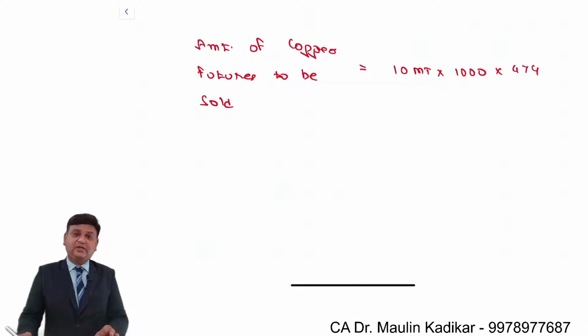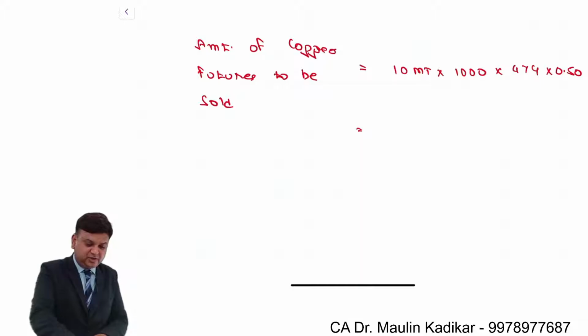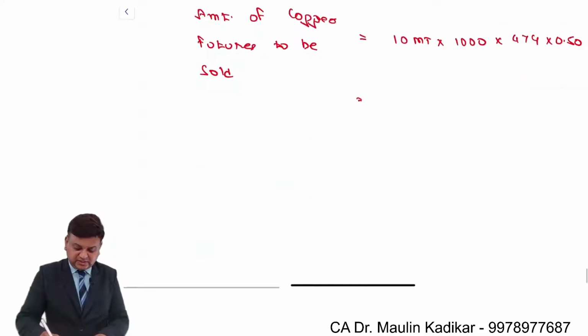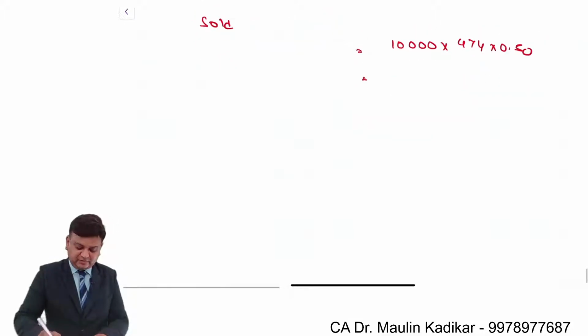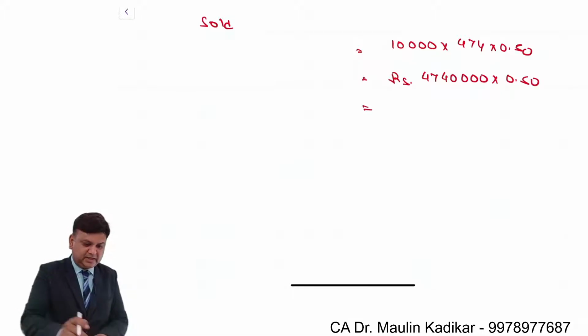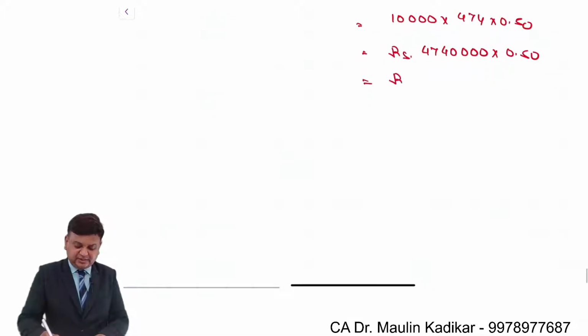This is the spot value of the commodity which you have into hedge ratio 0.50. So it is 10 into 1000. So it is 10,000 kg into 474. So this is the spot value of the commodity which you have. It is 47,40,000 into 0.5. That comes to rupees 23,70,000.